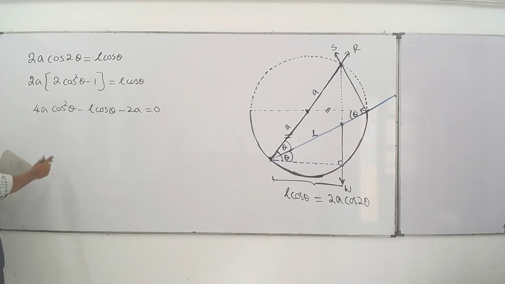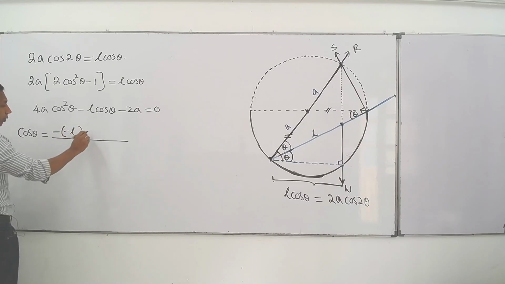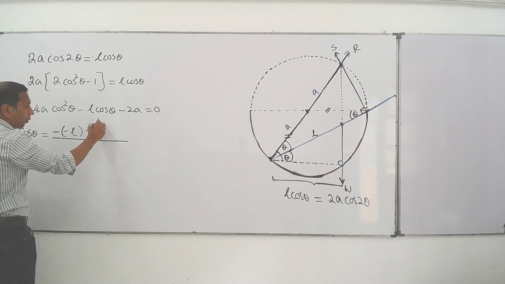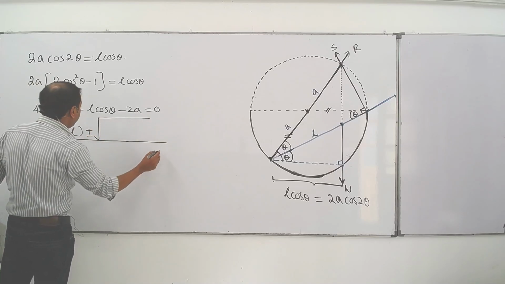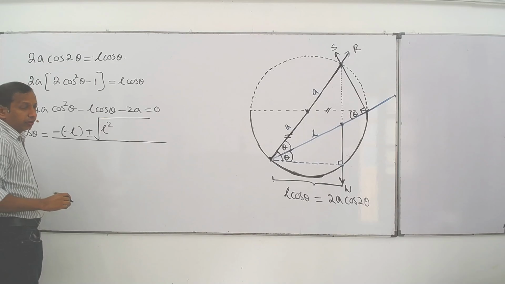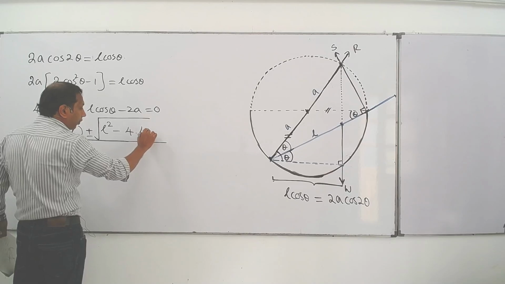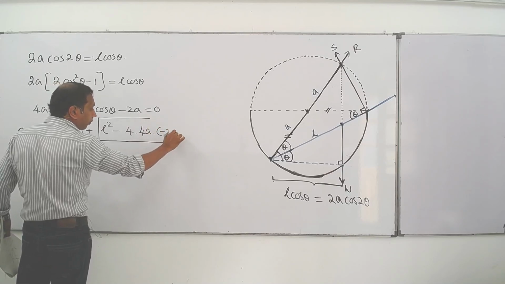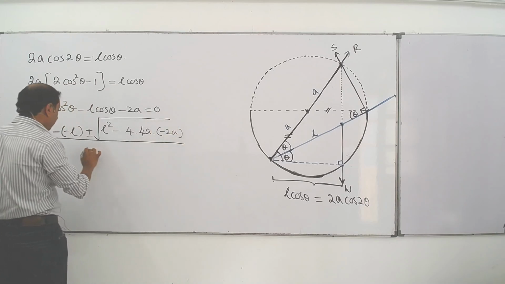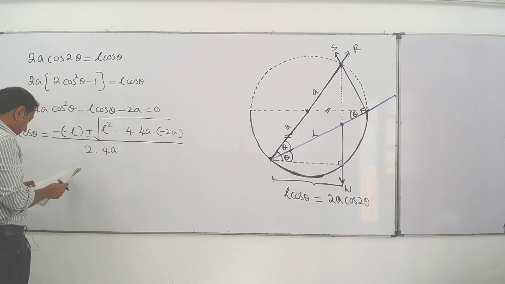We apply the quadratic formula: cos theta equals minus b, b is minus L, so L, plus or minus the square root of b squared, which is L squared, minus 4 times a, 4a, times c, which is minus 2a, divided by 2 times a, which is 8a.